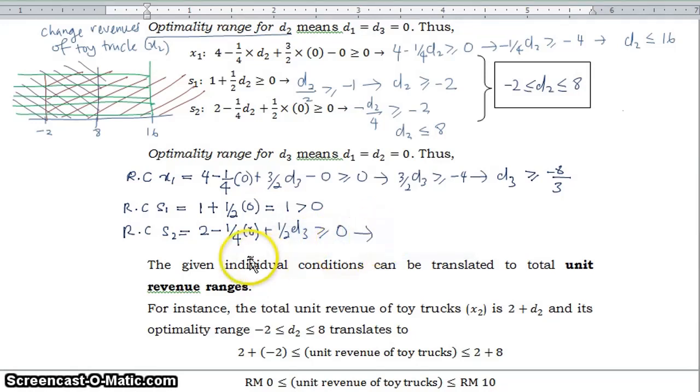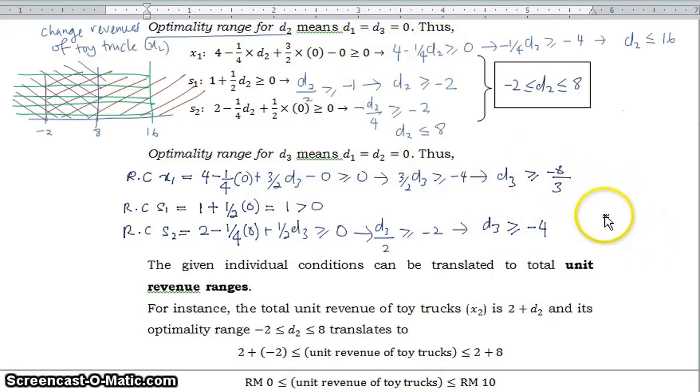Rearrange this, we get D3 over 2 is greater than or equal to -2. Therefore, D3 is greater than or equal to -4. Okay, so we have two inequalities. We need to find the range that satisfies these two inequalities.